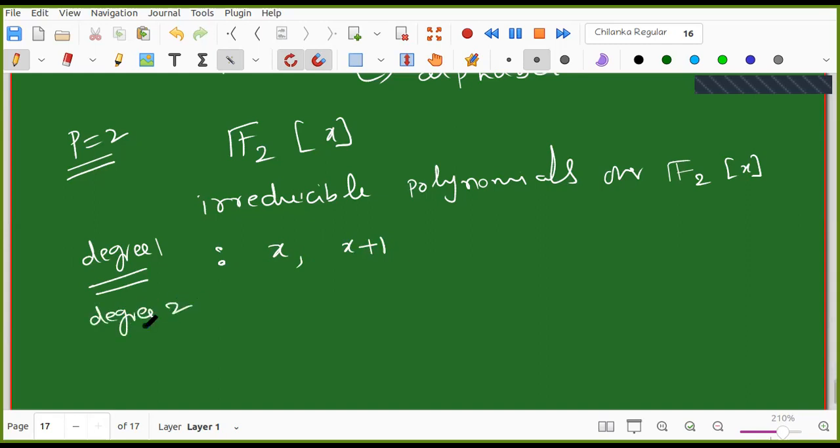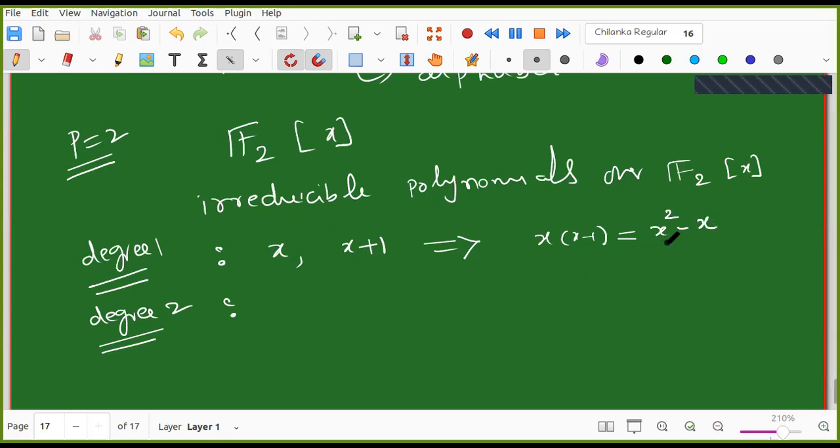Degree 2. What is the product of these two? x into x plus 1, so x square minus x.